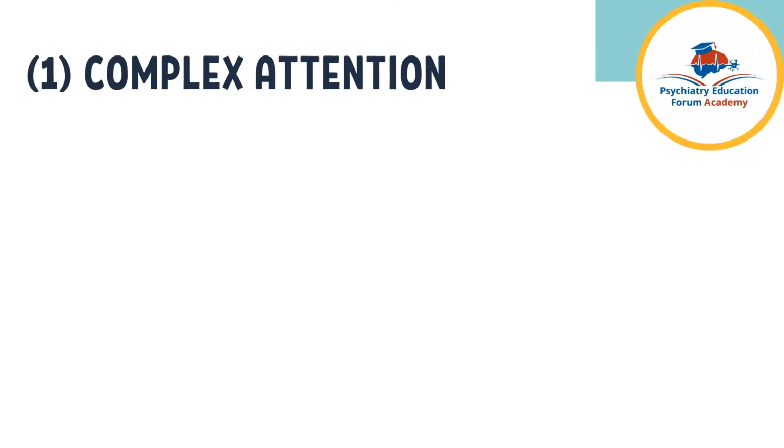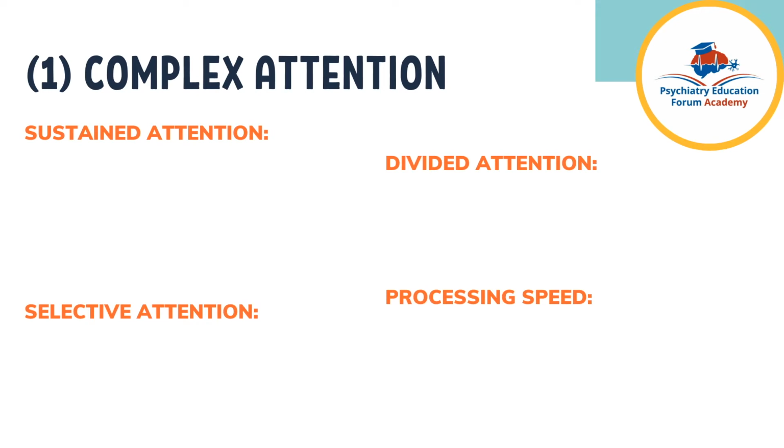And this discussion today will be focused on complex attention only. And complex attention is actually divided into 4 sections, which are sustained attention, selective attention, divided attention, and processing speed. Actually, working memory comes in that, but I will talk more of that in the memory section.